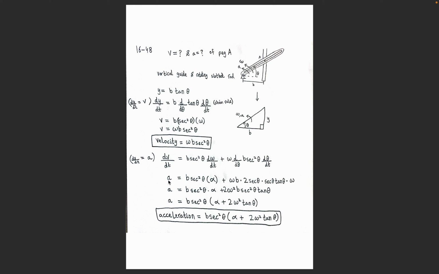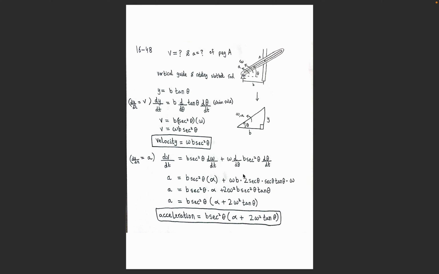So our term will be a equal to b secant squared theta times d omega over dt, which is angular acceleration. When we differentiate angular velocity with respect to t, we get angular acceleration. Omega comes as it is, so does b.